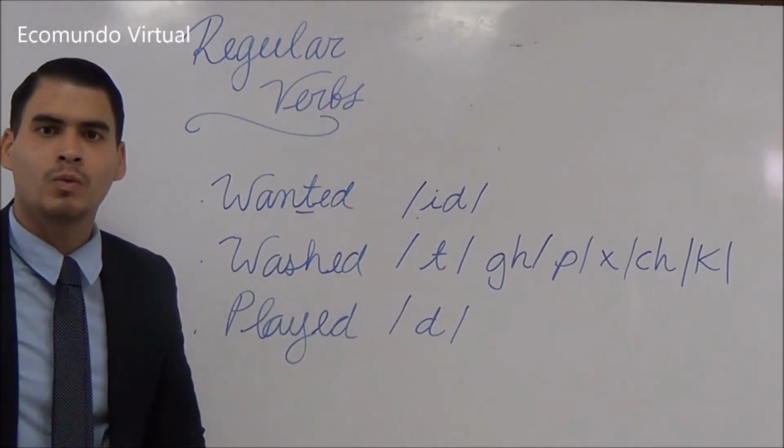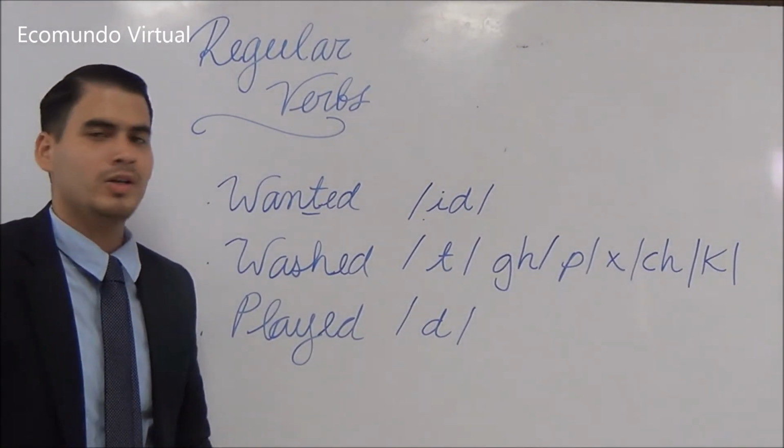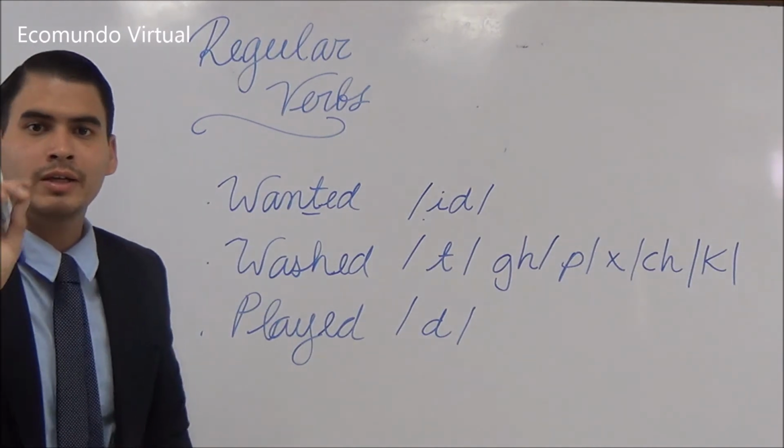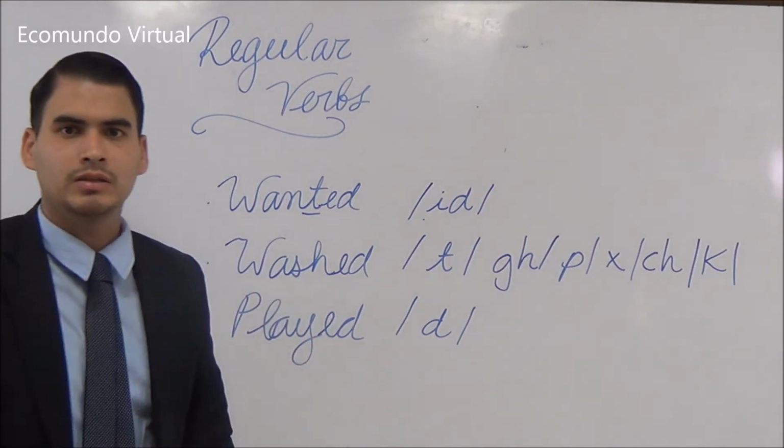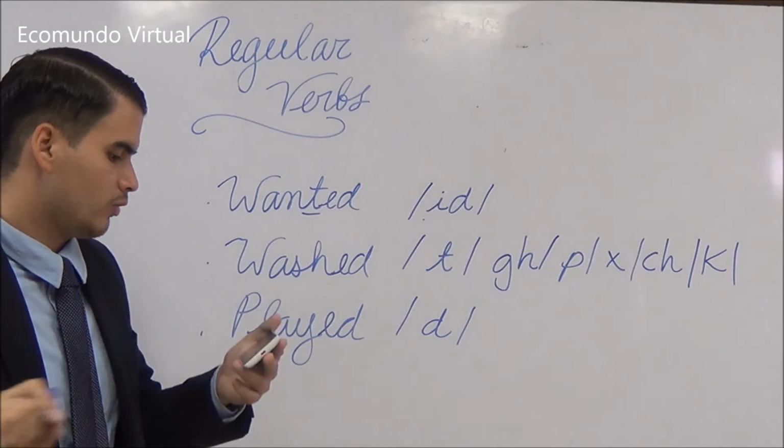I never said wash it. That is incorrect. That is a terrible pronunciation. Washed. You have to make the sound like the T. Washed. Can you listen to the sound? Washed. Imagine the next one.